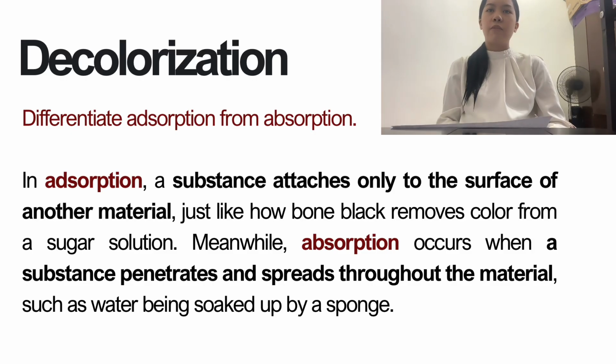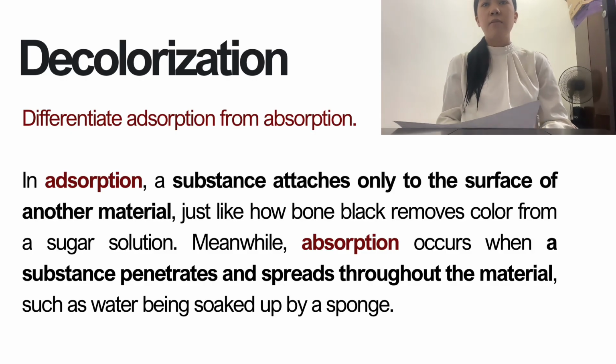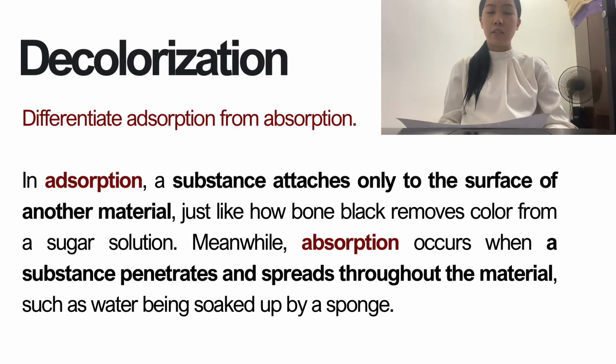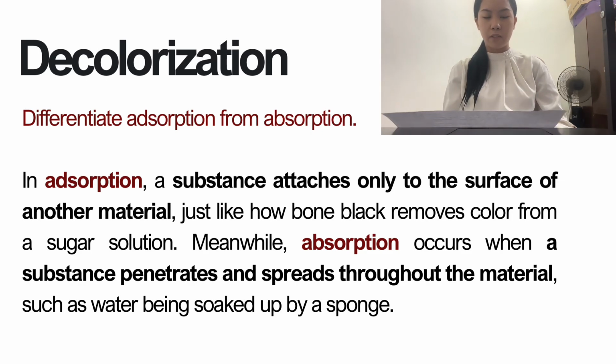Differentiate adsorption from absorption. In adsorption, a substance attaches only to the surface of another material, just like how bone black removes color from a sugar solution. Meanwhile, absorption occurs when a substance penetrates and spreads throughout the material, such as water being soaked up by a sponge.